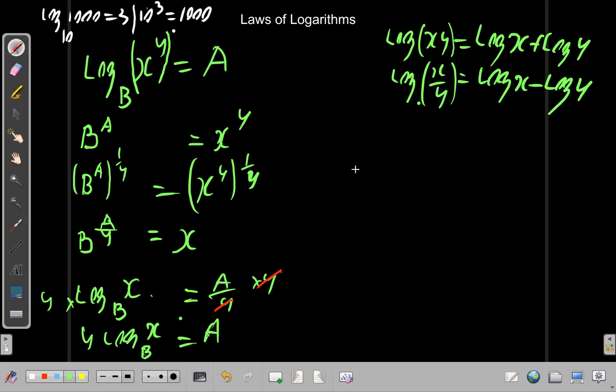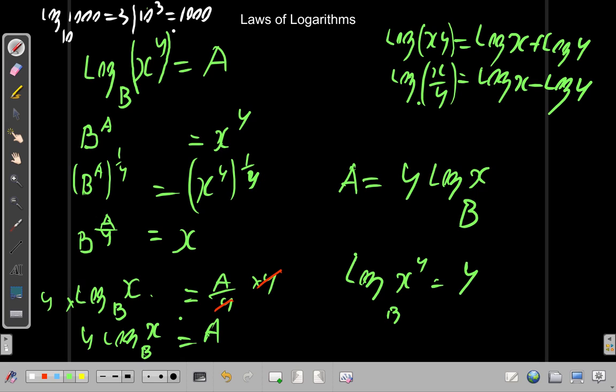Let's rewrite it and put the a on the left. a is equal to y log x, where the base is b, y log x to the base of b. Alright, hold on. This is a, but this was a as well. You notice? This is a. So you can actually write the log of x to the y is equal to y log x.